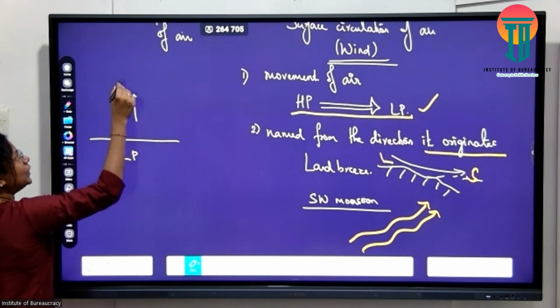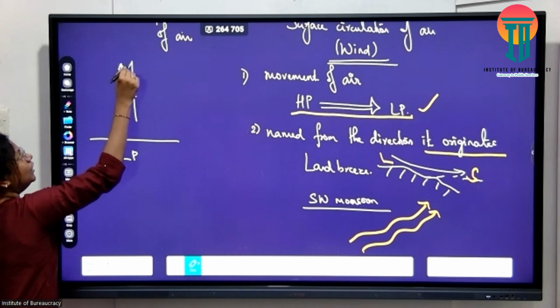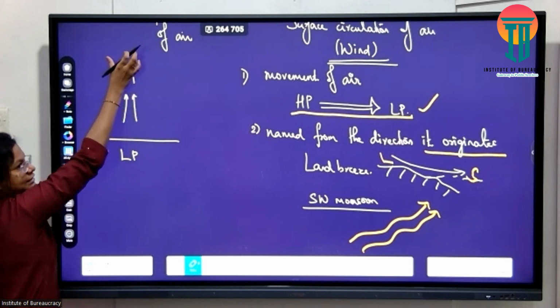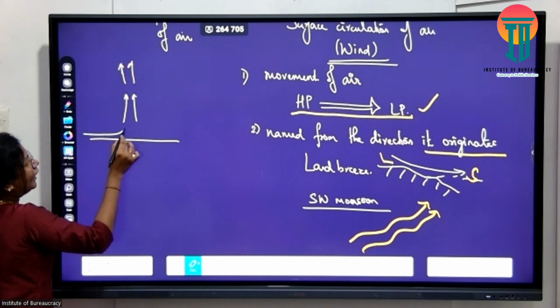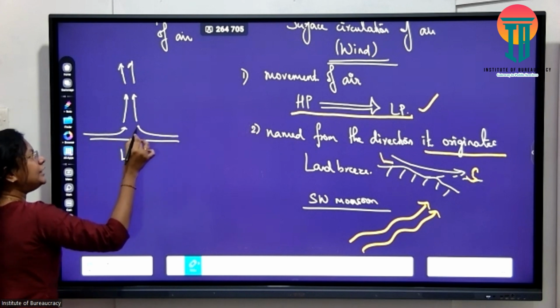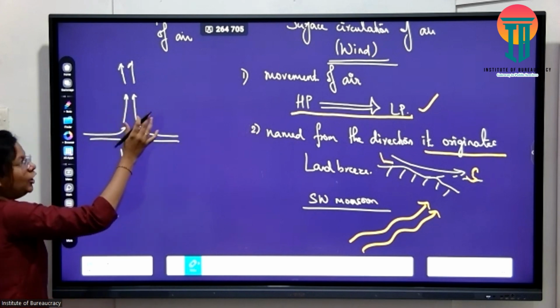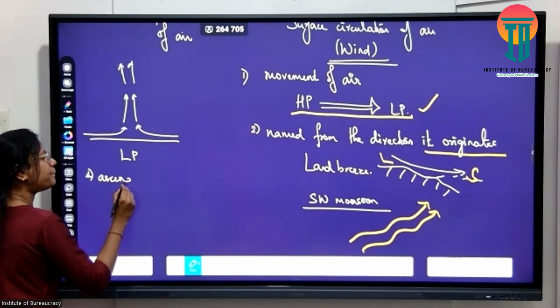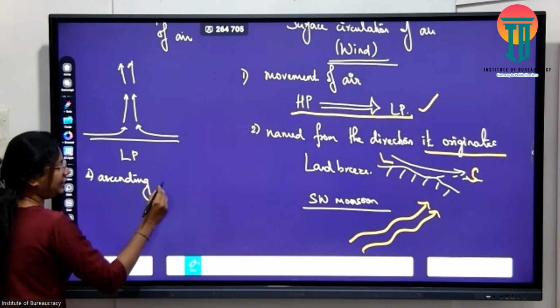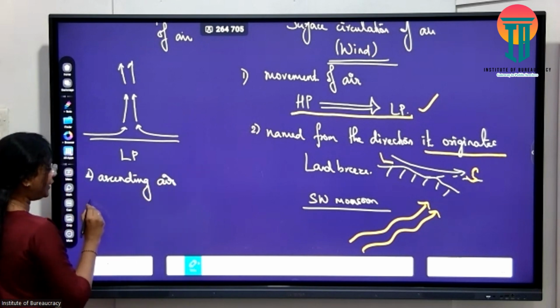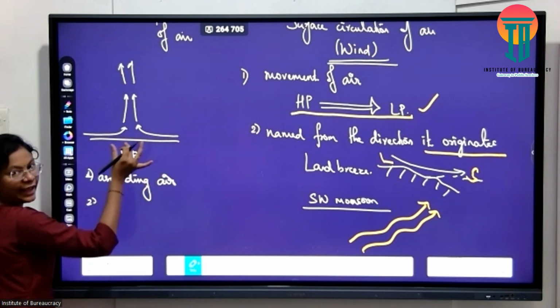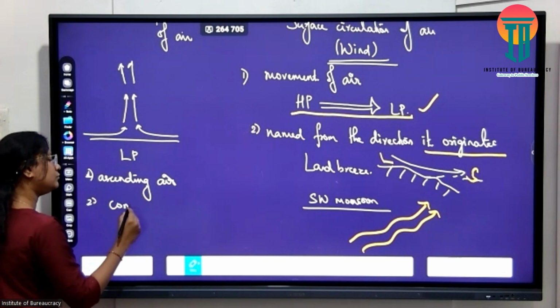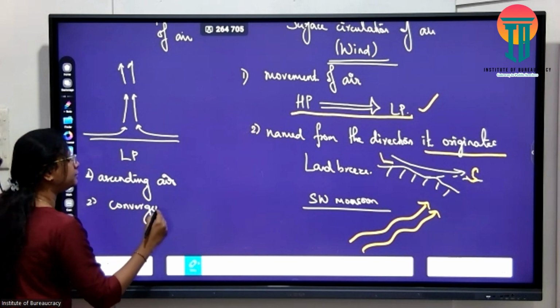Whenever an air column ascends, air from the nearby region rushes in to fill the gap. So a low pressure region is characterized by two factors: ascending air, and converging air, that is, convergence of air.